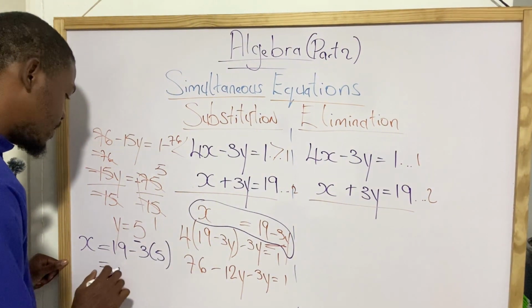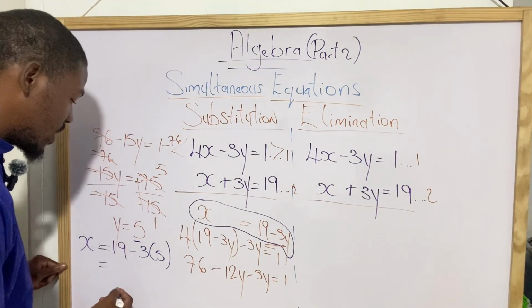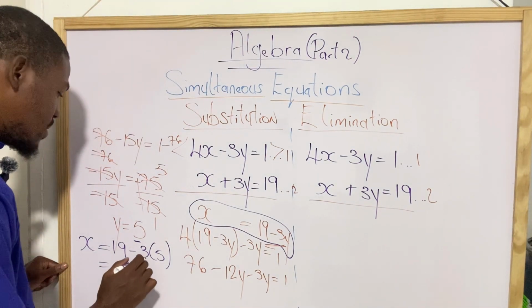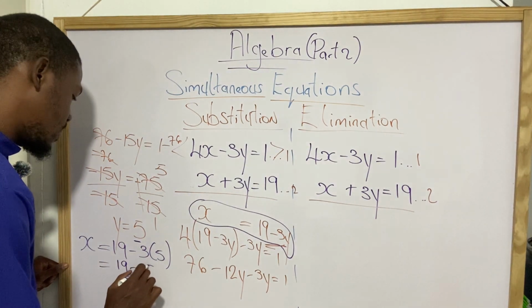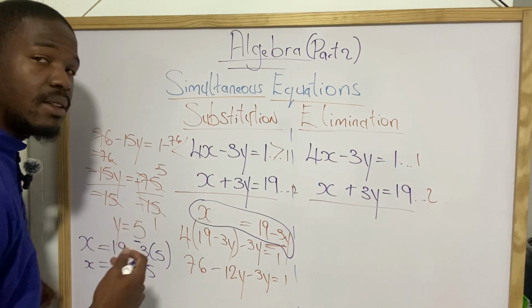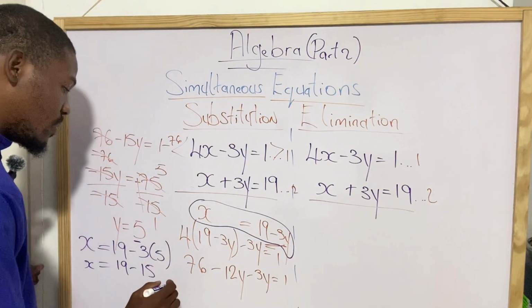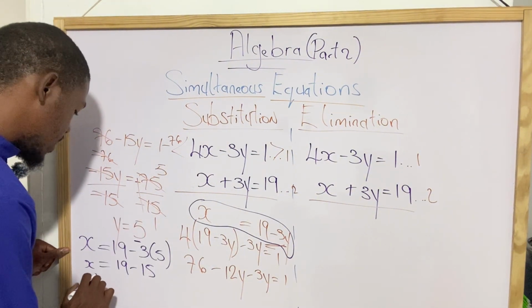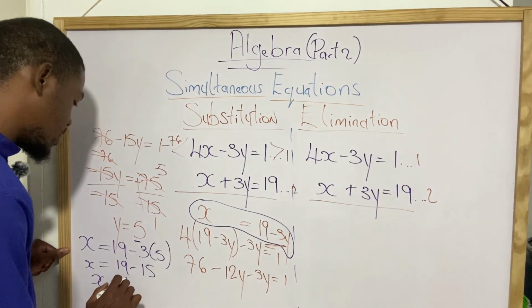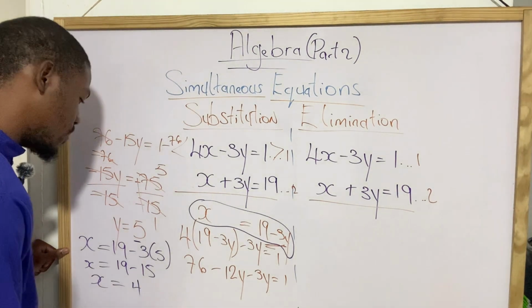So then now we actually can work it out. So 19 minus, this is going to be 15. 19 minus 15. So x equals 19 minus 15. Therefore, x now actually equals 19 minus 15 is 4.